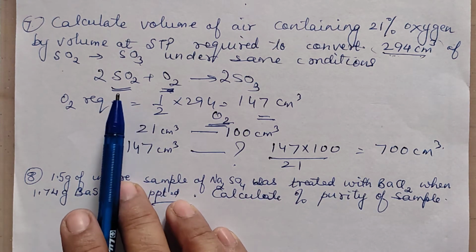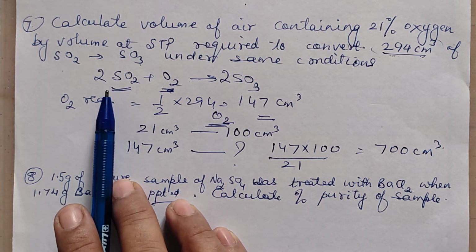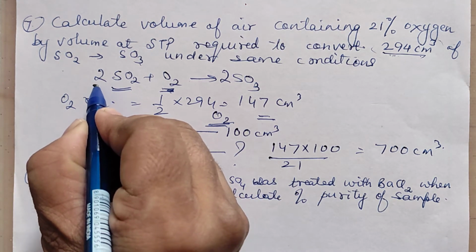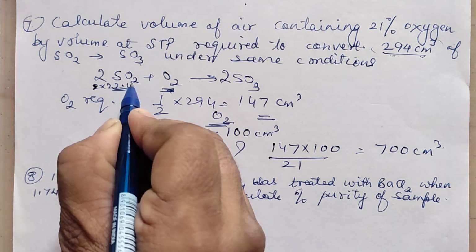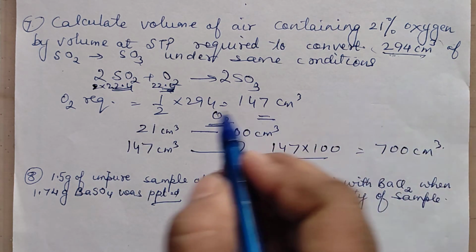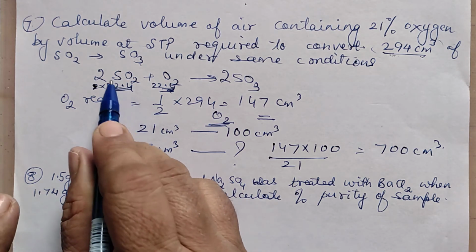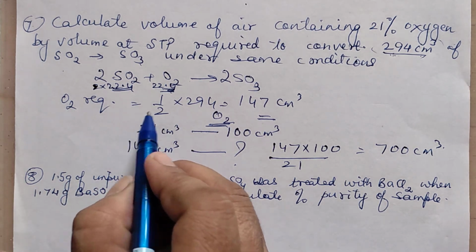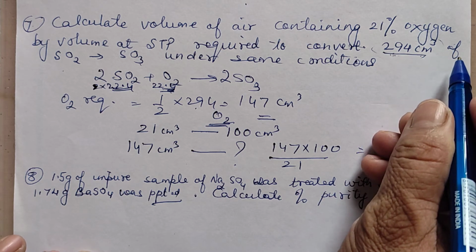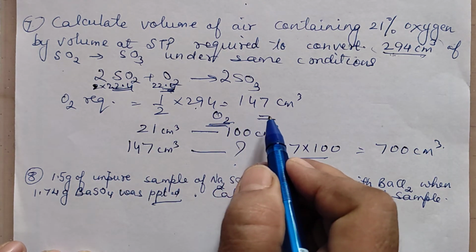So you must be wondering here, I did not talk about 22.4 liter. That will get cancelled. 2 into 22.4 liter will require 22.4 liter. I just took it directly because obviously half of it is required. So if you are having this much, 294 of SO2, half of O2 will be required.